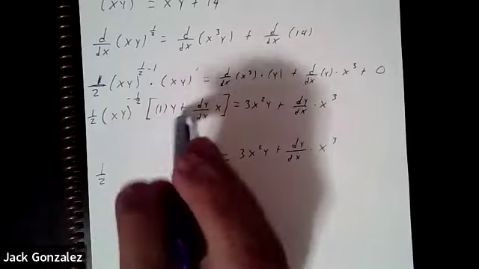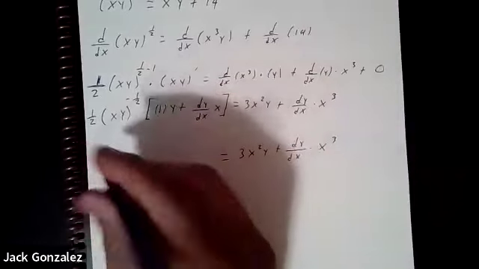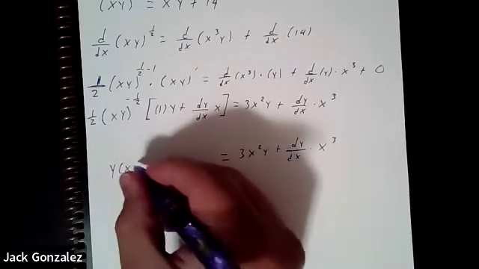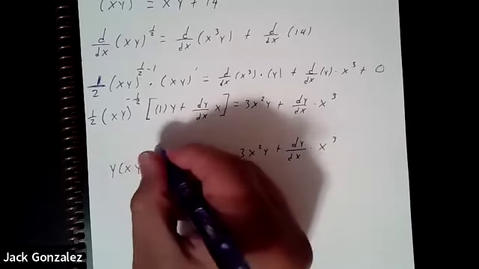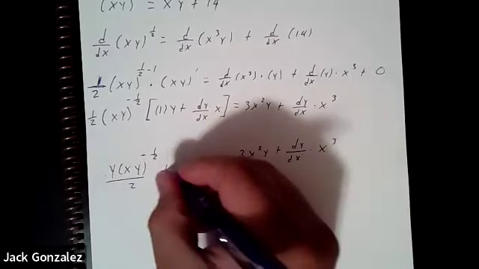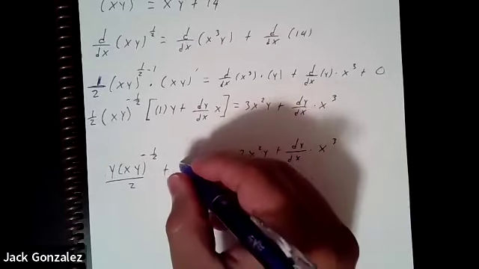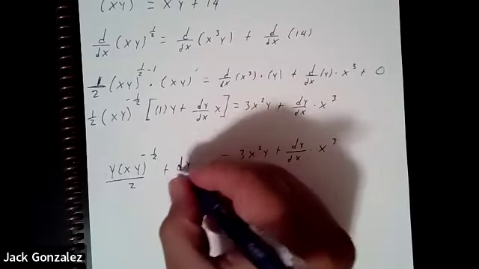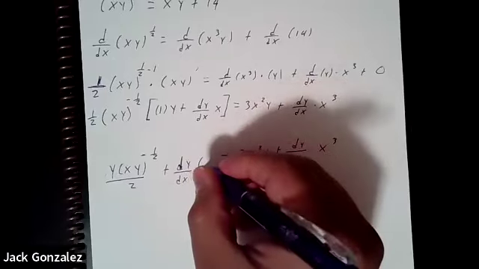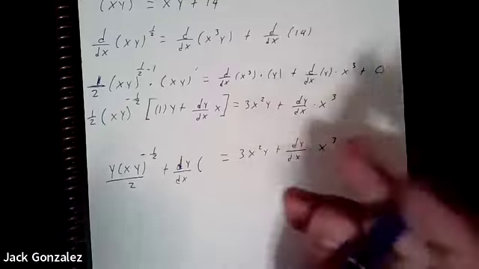So multiply this times this. That will be y times x y to the negative half over 2, plus dy/dx times, what's it, better?